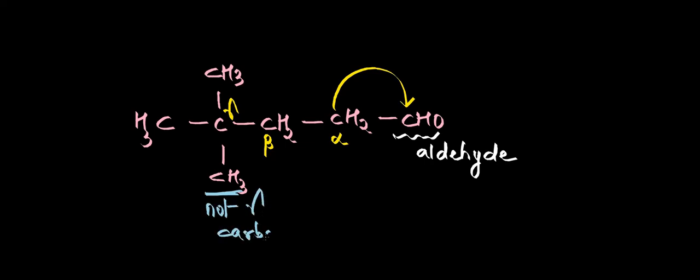The carbon which is directly connected with gamma is your delta. So alpha is directly connected with the functional group, beta is connected to alpha, gamma is connected to beta, and delta is connected to gamma. This is the second kind of classification of carbon in organic compounds.